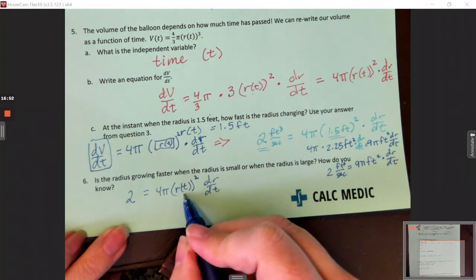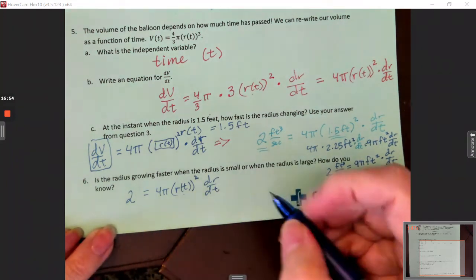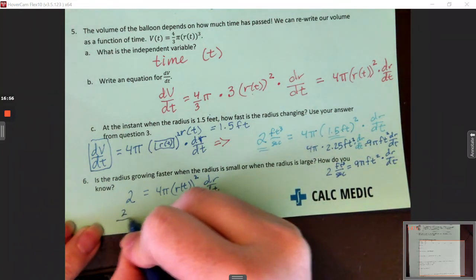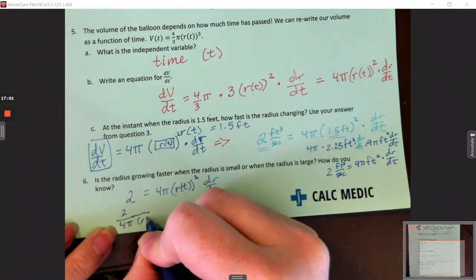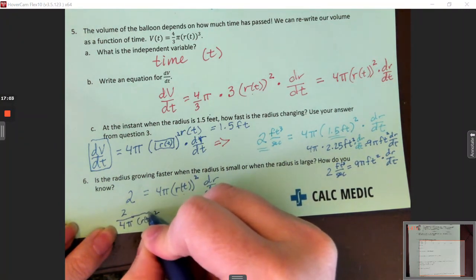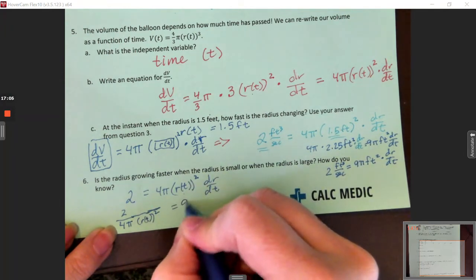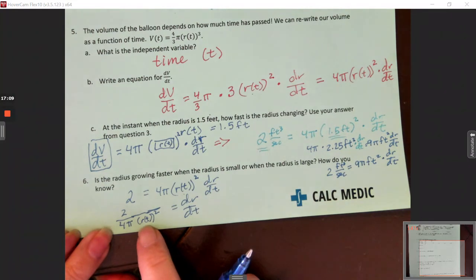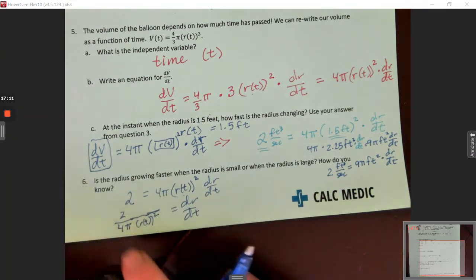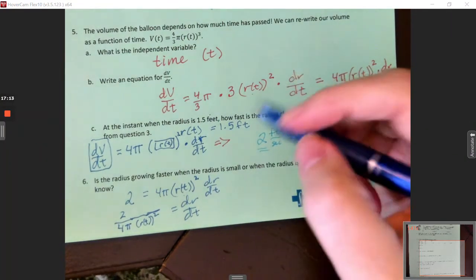And so I really have 2 divided by 4 pi r of t squared, like that. I'm just dividing all of that over. So thinking about the fact that r is in the denominator kind of changes things, by the way, in what's going to happen here.